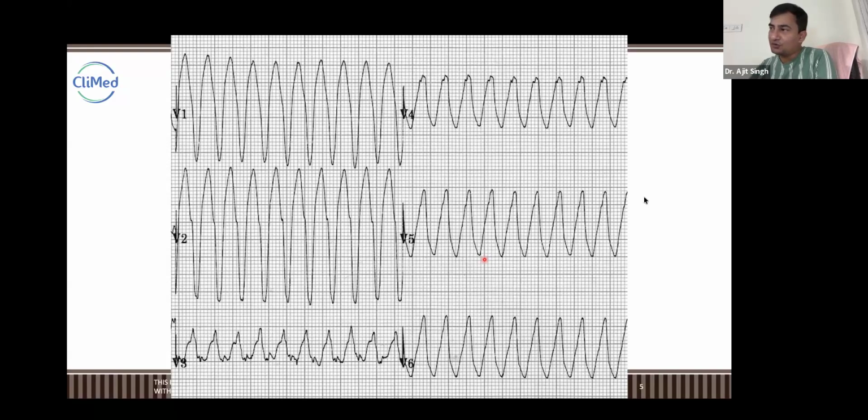Very nice, guys. Justify how. How is it monomorphic VT? Because you will say the QRS complex is simple looking, right? Okay, correct. I agree. One sec.